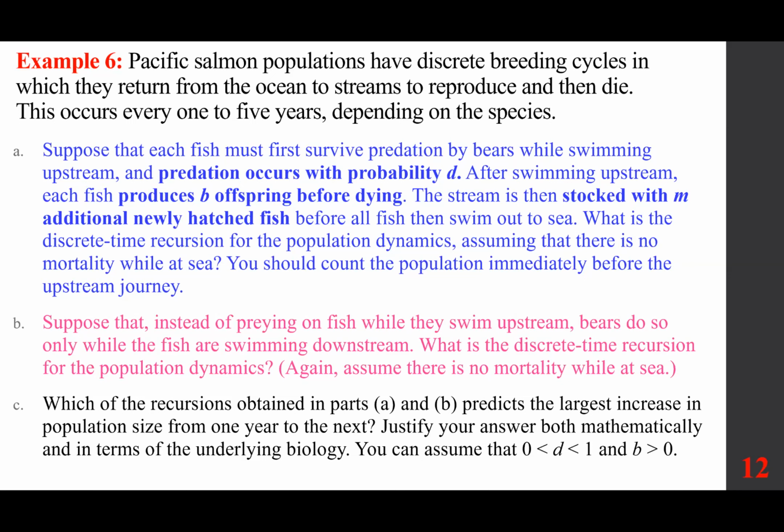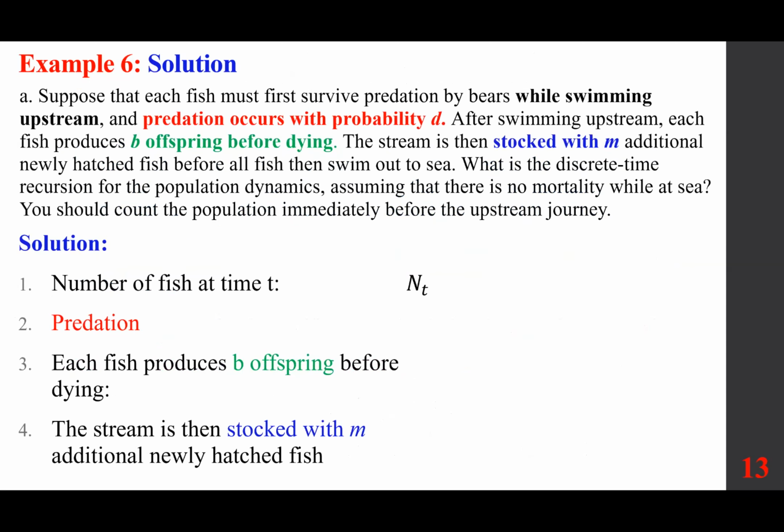Let's go to the next page and dissect the problem step by step. All right. So the number of fish we don't know, we can use any variable n sub t as time goes by. You can say x, y, z. It doesn't matter. It is absolutely up to you. But n sub t.